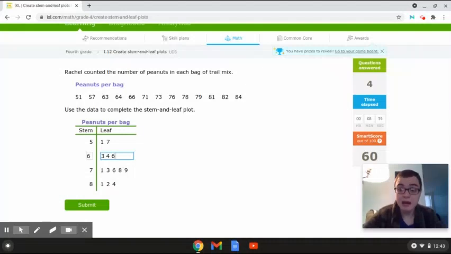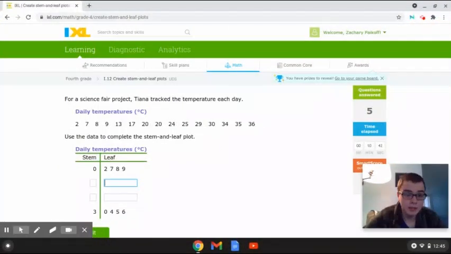So I'm going to be doing a couple more with you guys. Okay, so this next problem reads, for a science fair project, Tiana tracked the temperature each day. All right, so these are the daily temperatures in Celsius. So we are given the numbers 2, 7, 8, 9, 13, 17, 20, 20, 24, 25, 29, 30, 34, 35, and 36.